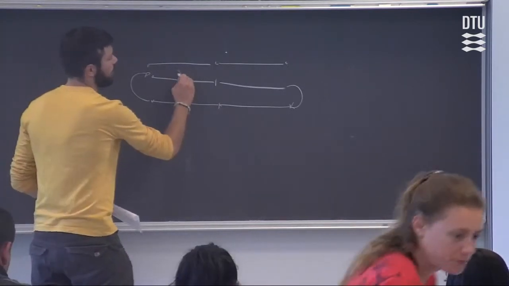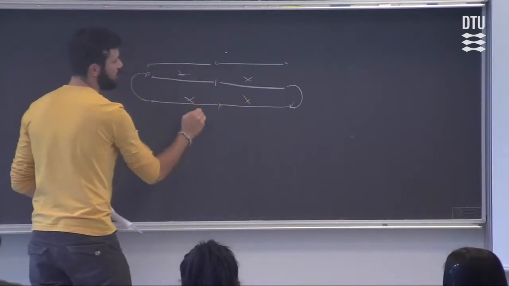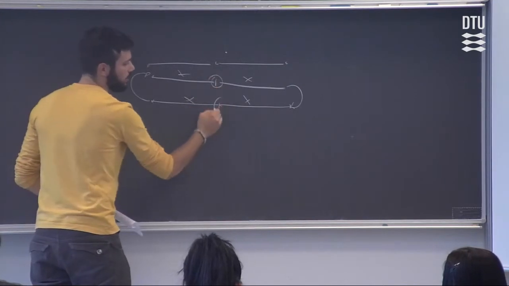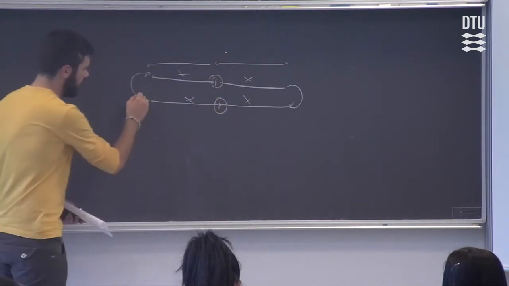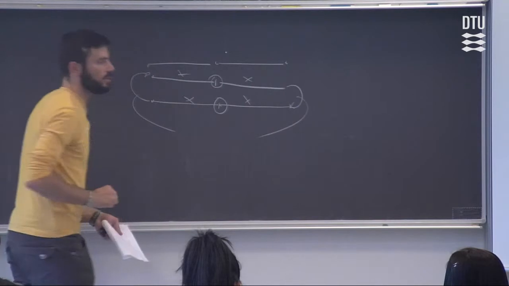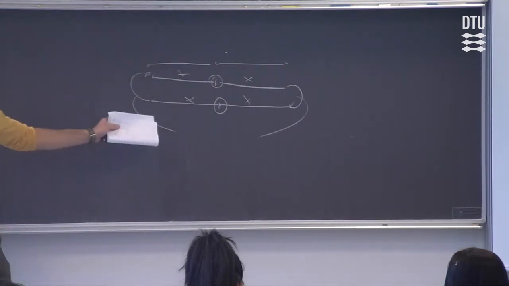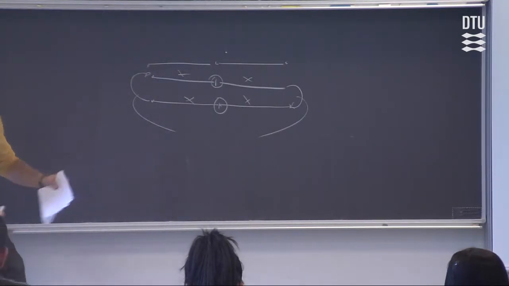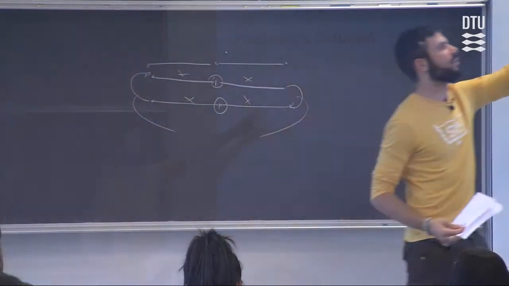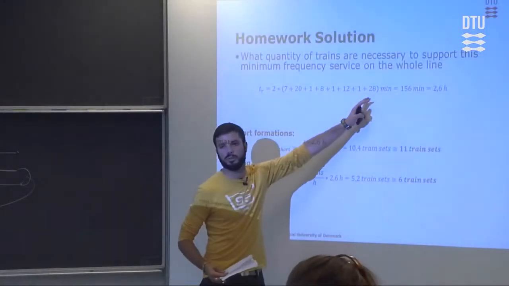So we have twice the distance to be covered, twice the stops, and twice the reversing time at station. So that's why we are doubling everything, and then we are just summing up all the components.